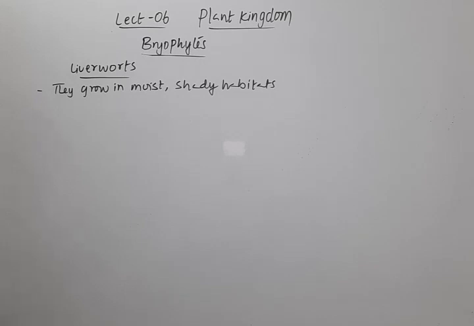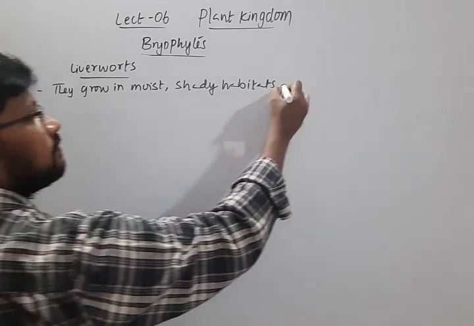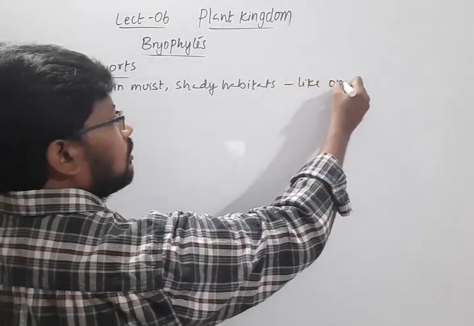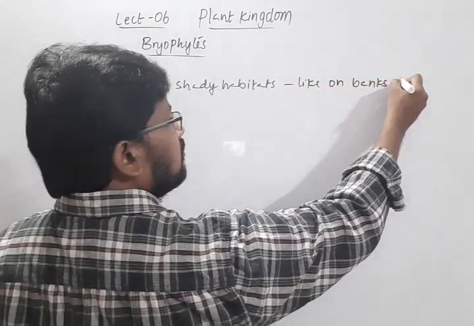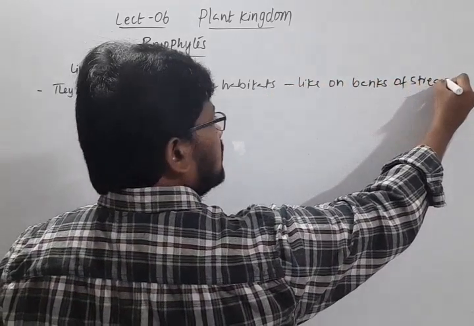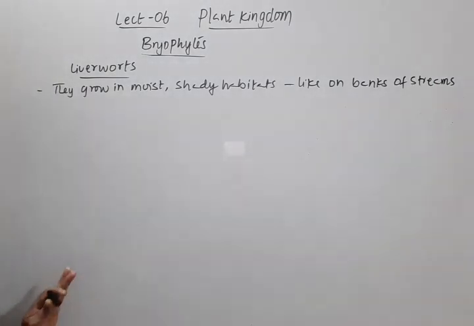They are located on the banks of streams. A stream is a water channel. Beside that, whatever location we call banks, if there are some shady locations, we will see these liverworts growing here.